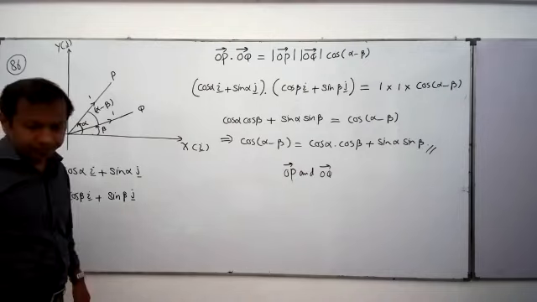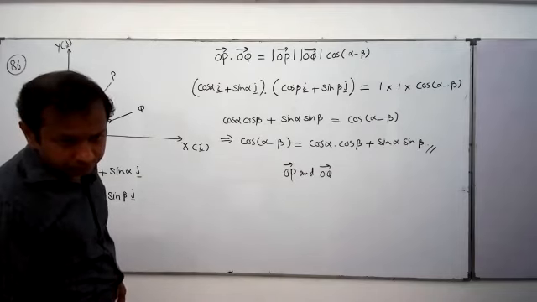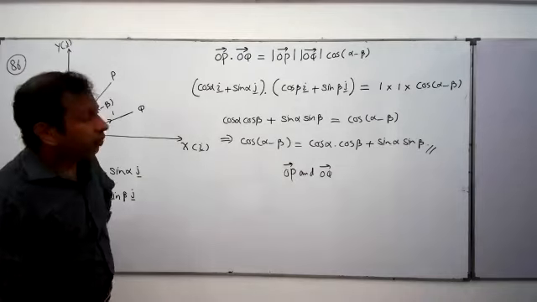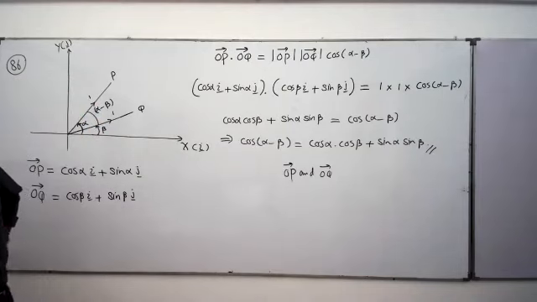Take the answer. Cos L plus beta formula. Right. We move to the second one, people. We move to the second one.